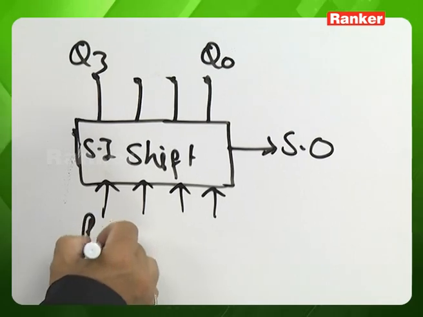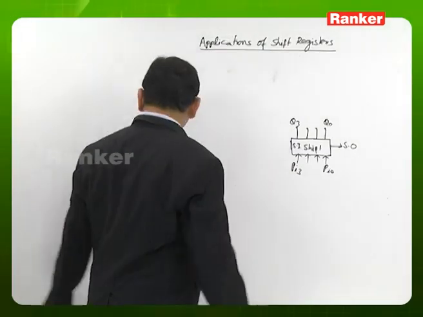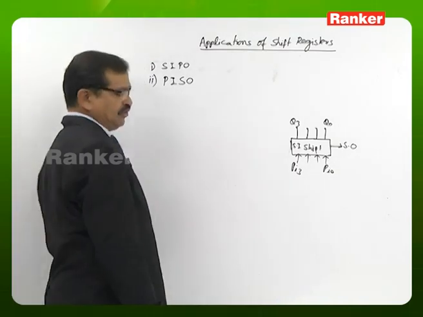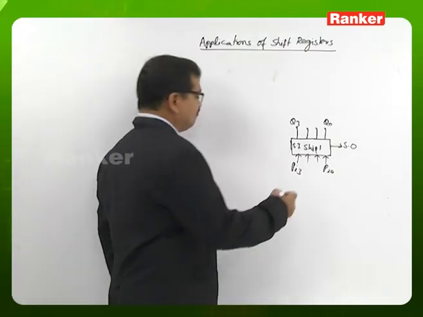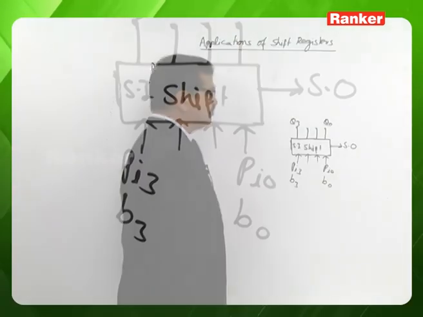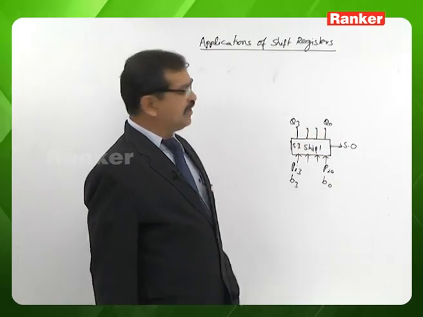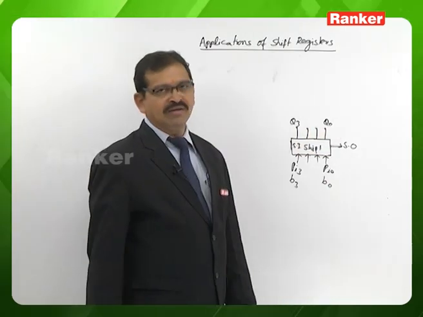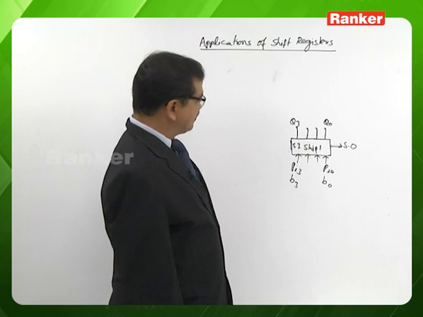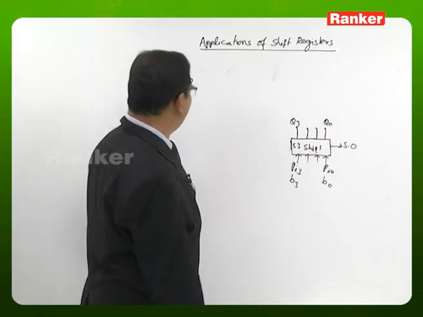With this facility, we are loading all the bits simultaneously into the register. If all the 4 bits are loaded simultaneously, then while applying the clock signal, we are able to read only 1 bit at a time from the serial output terminal. So in this case, the role of the register is converting the parallel data to serial form.